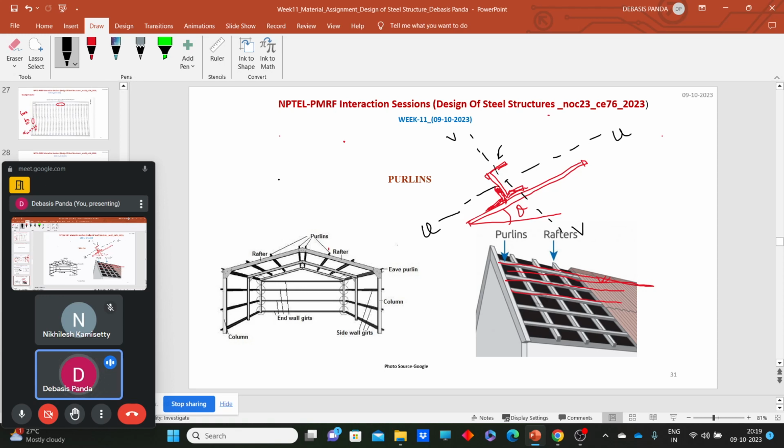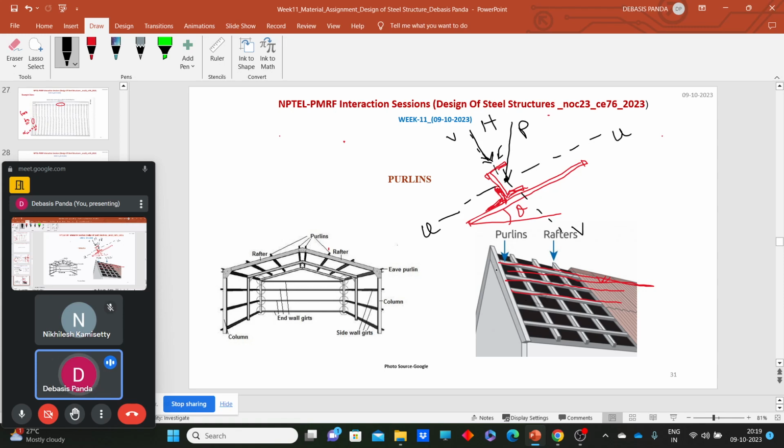So first thing, what is the load? The horizontal load due to wind. Wind is assumed to act perpendicular to the roof. So say for example, this is wind load H. And one more thing, the dead load of the purlins, gravity load, and all these things generally act vertically downward through the CG of the member.